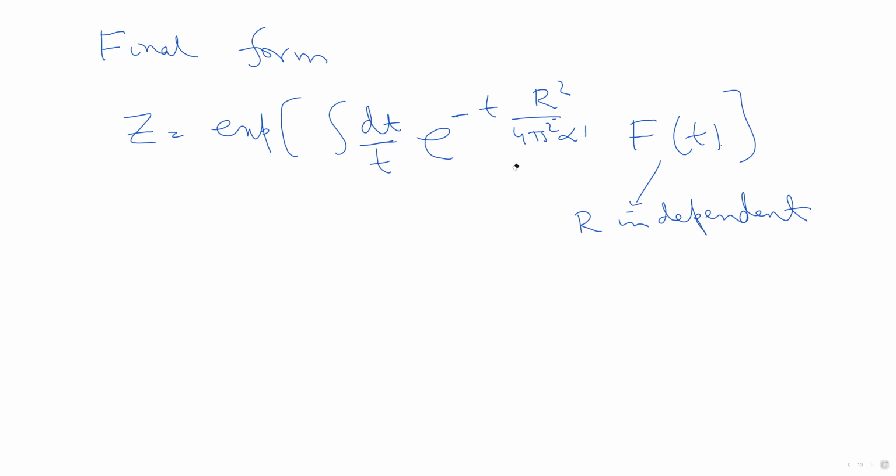It comes to the open trace over open string states. You can think of this as just the standard trace without any R dependence. So this is known.